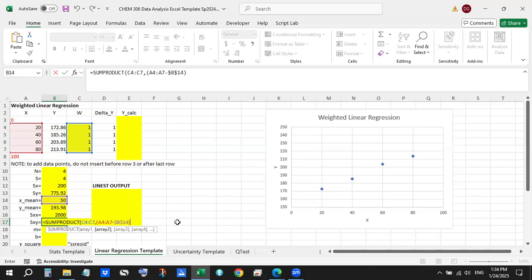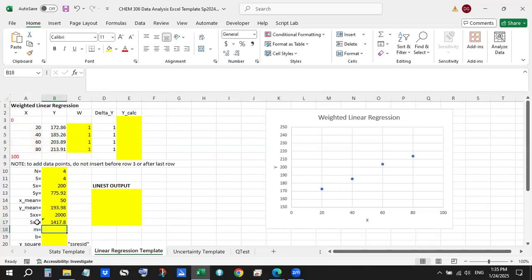Close parenthesis, times, open parenthesis, Y values minus the average Y value, mean Y value. Make that absolute, put dollars before the B and the 15, close parenthesis, and then close parenthesis one more time. That's SXY. And ignore the error.